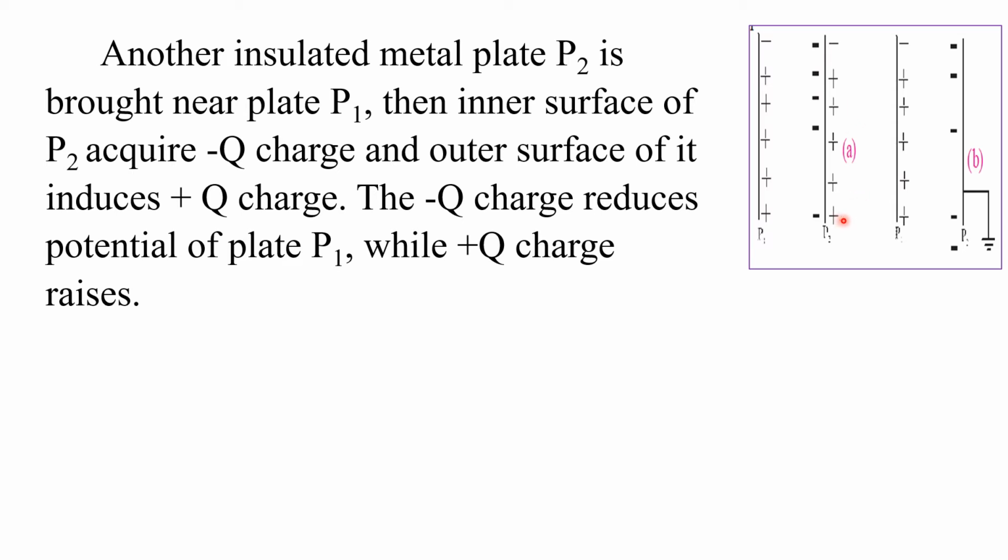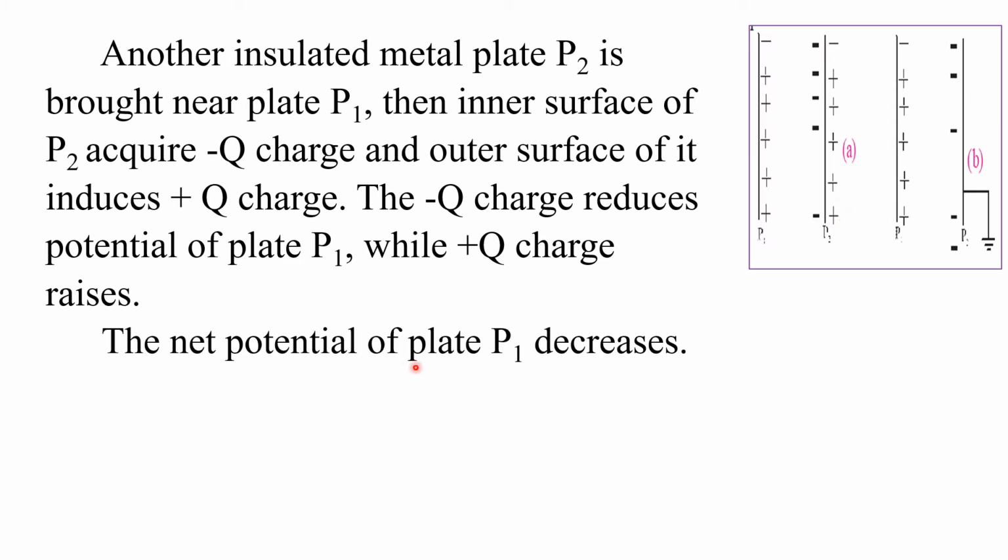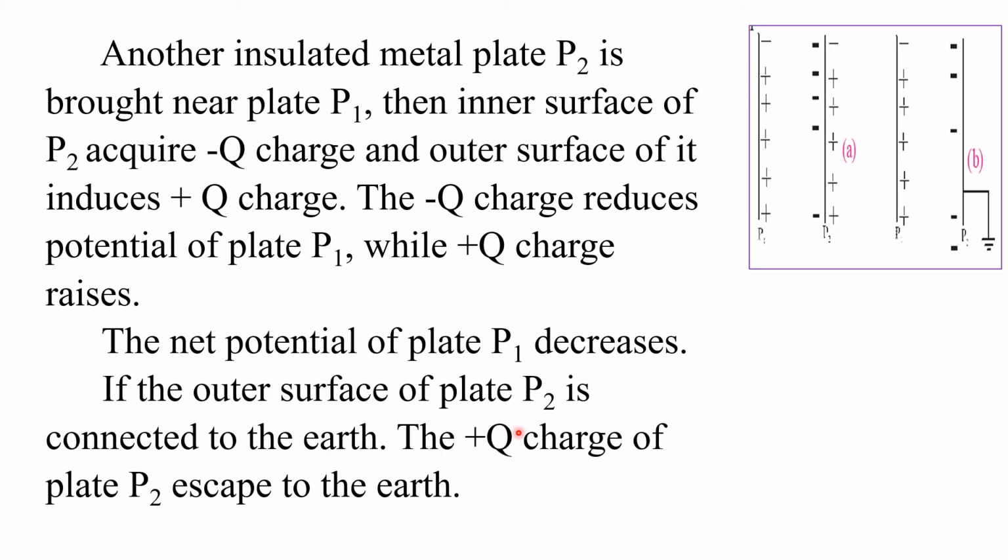Then the net potential of plate P1 decreases. If the outer surface of plate P2 is connected to ground or earthing, the positive charge of plate P2 escapes to the ground.